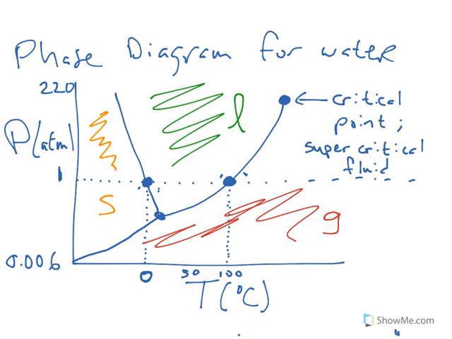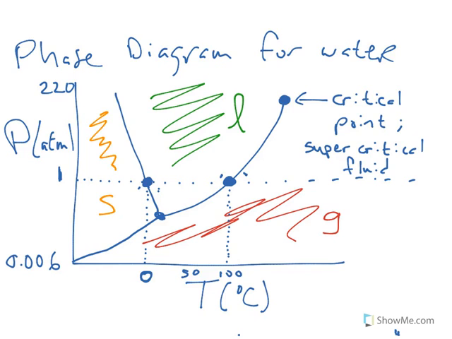But if you're over here and you're a gas and you crank up the pressure, boom, you can cross into a liquid. You get enough pressure to do it, all right? So at the critical point, you hit something called the critical temperature, which essentially means water vapor cannot be liquefied no matter how high the pressure, all right?